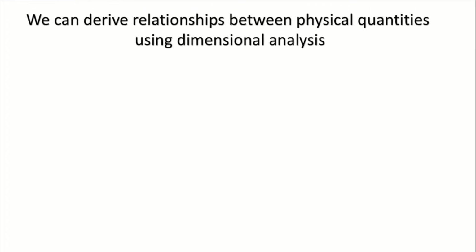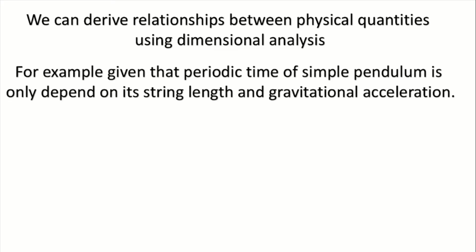We can derive relationships between physical quantities using dimensional analysis. For example, given that the periodic time of a simple pendulum depends only on its string length and gravitational acceleration, I can denote this relationship as below: T, capital T, which denotes periodic time, equals k times l to the power x times g to the power y.